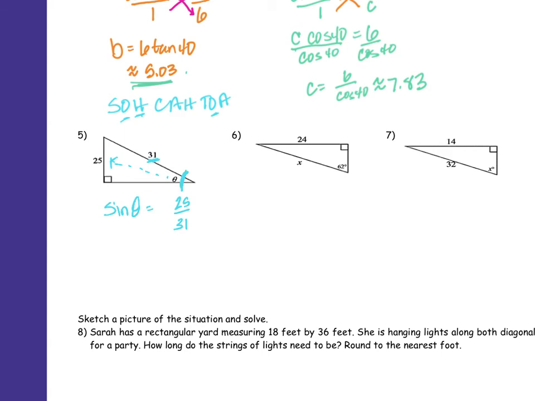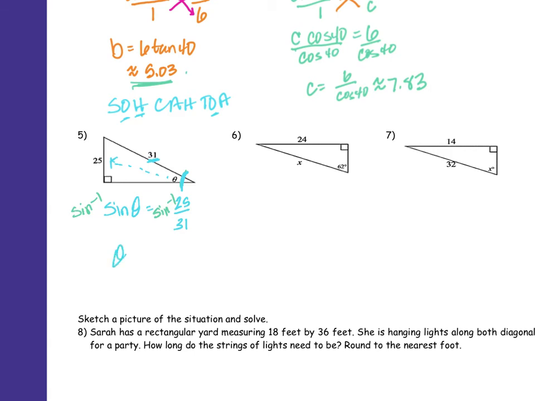I don't want sine of theta, I just want theta. So how do I get rid of sine? I do sine inverse. And if I do it to one side, I have to do it to the other side.